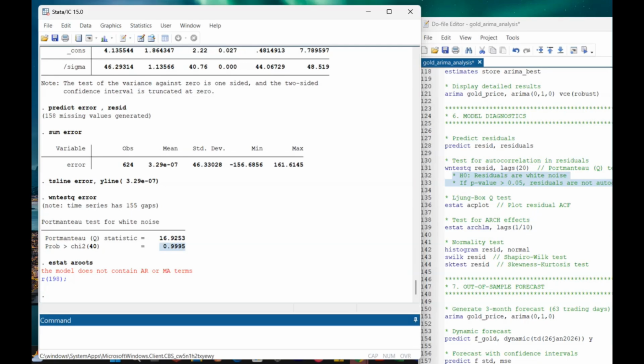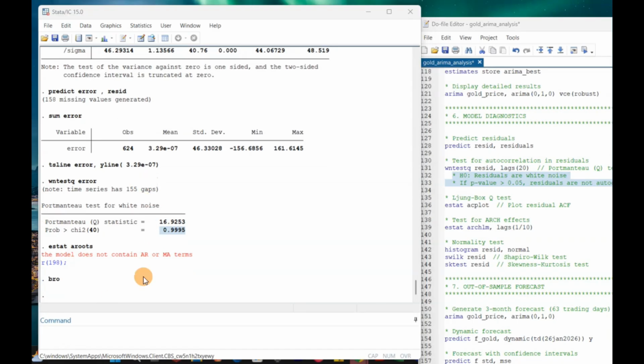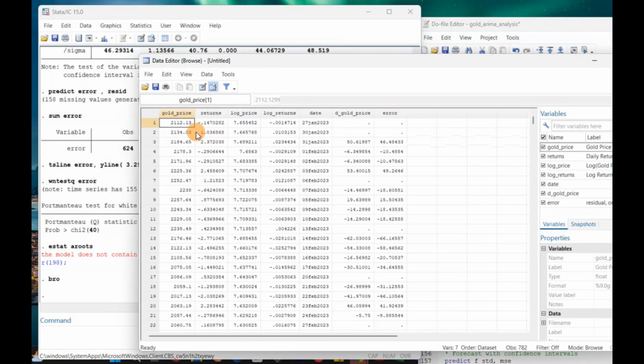If we click enter and then browse and see the extension, you can see there is an extension up to 6 April. We have increased our time series to 6 April.